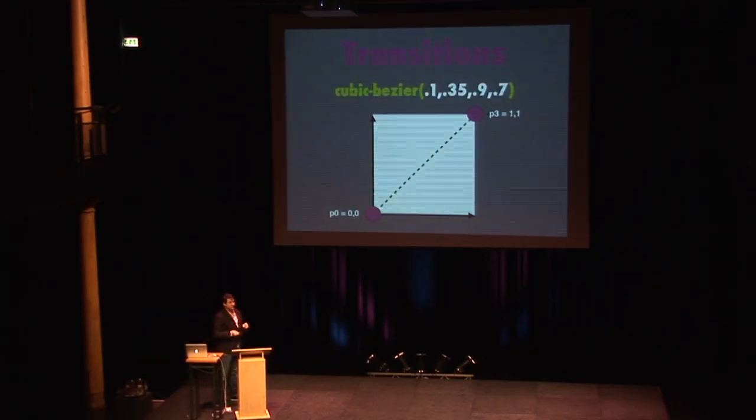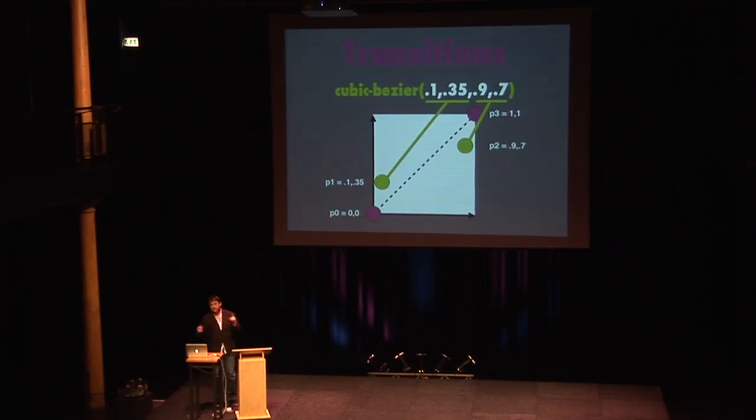What the cubic Bezier function does is you see it has 4 values. The first pair of values plot the point of P1. So in this case, it's at 0.1, 0.35. And the second pair of values plots the second point, P2, which is at 0.9, 0.7.